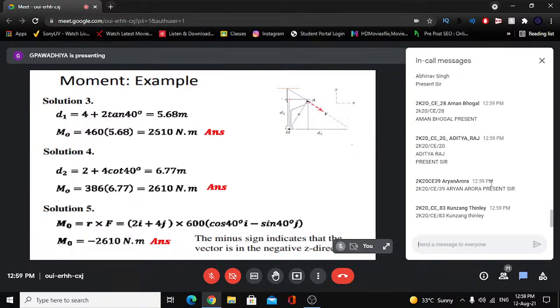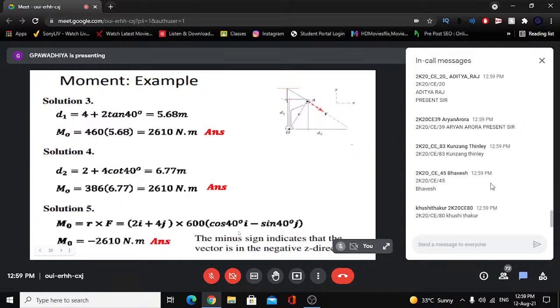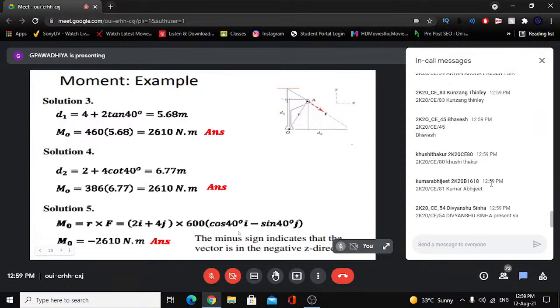Here, in the above results we did not mention the sign of the moment, in which direction it will be applied, but here it will be applied in the negative direction. If this is the xy plane, with x-axis and y-axis, then according to the right hand screw rule the perpendicular z-axis will be in this direction.